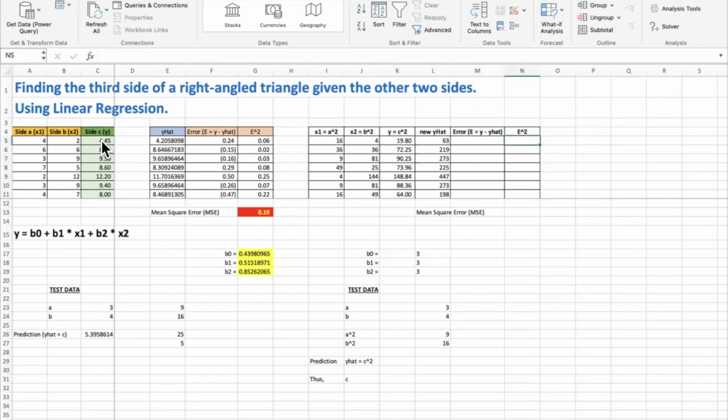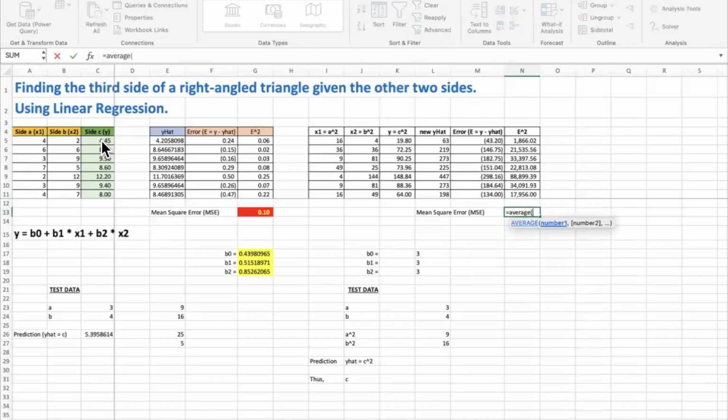Now we find the error between y and y hat, that is this minus this. Let us copy this across. So we got all the error terms. As before, we find the square of the error, that is this raised to the power 2. Okay, we've got the square of the errors, and we find the mean square error, that is the average of all these errors.